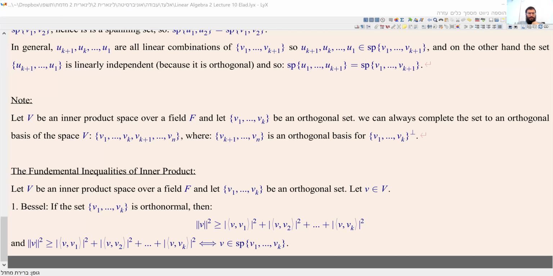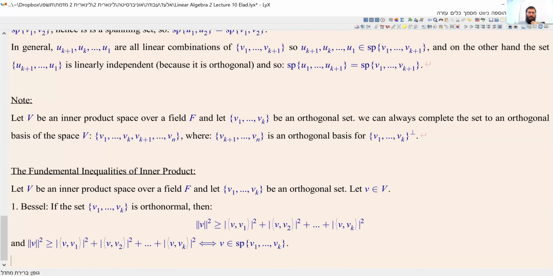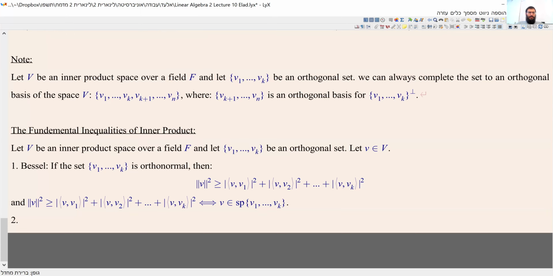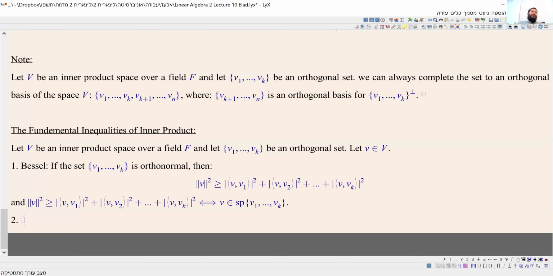And my second one is called Cauchy-Schwarz. Cauchy, in Hebrew, Cauchy is difficult. Yeah.